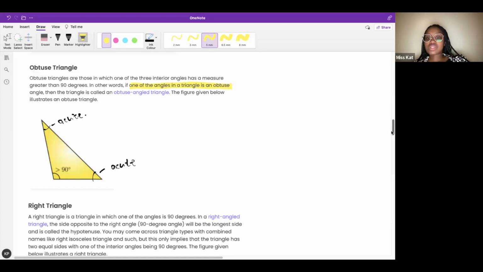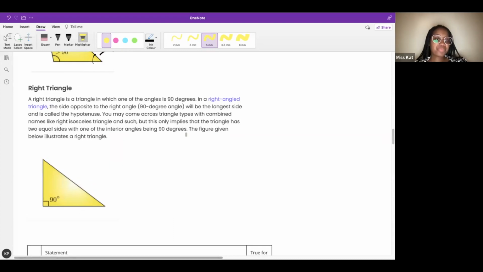What else can you tell me about a right angle triangle? This is a right angle triangle because it has a 90-degree angle. The longest side, our hypotenuse, will always be opposite the 90 degrees.